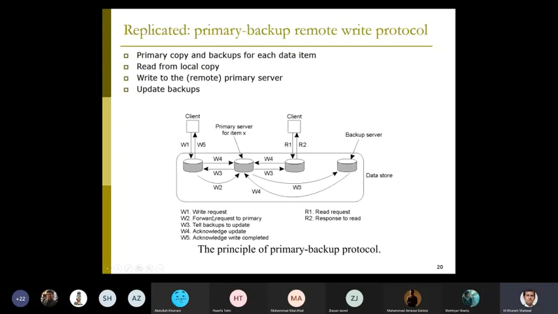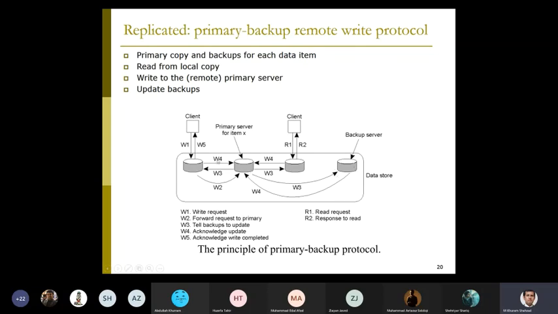And in the case of replicated, replicated means that, for example, every transaction is performed over here and it is written over here. So both servers are participating at the same time.